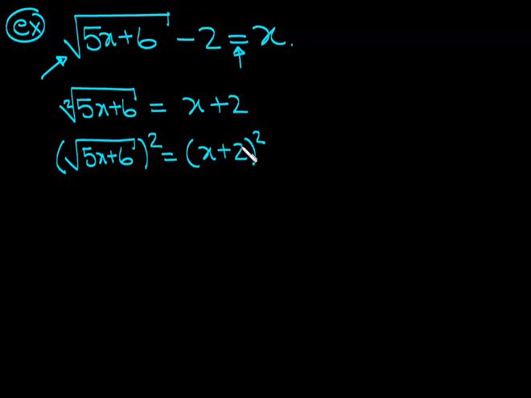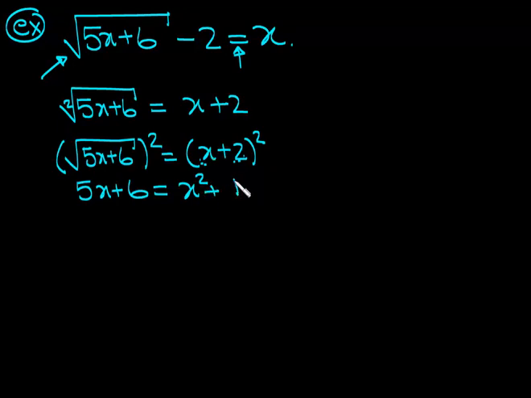Okay, so now that I have that, let's go ahead and take a look at what happens. Out here, when you square the radical, we just get 5x plus 6 inside. This is a binomial squared, so we square the first term. We multiply the first and the last term, so 2 times x is 2x, and multiply that by 2, and since it's a positive, it's a positive 2.